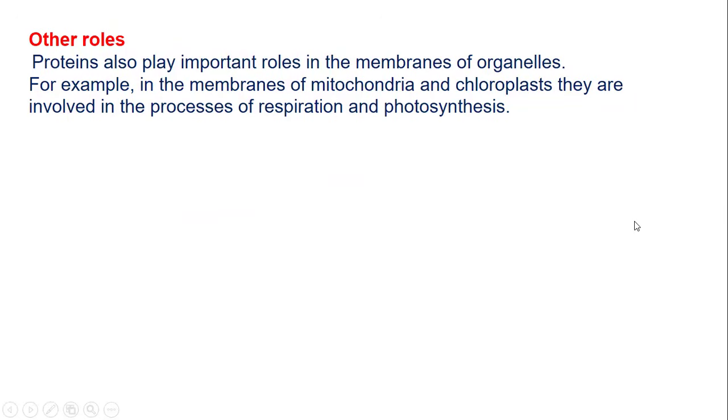So some other proteins will be performing different roles in the membranes of organelles. Like we saw, the mitochondrial membrane contains proteins. So those proteins will be involved in respiration. The chloroplast membrane contains proteins, and for them, they will be involved in photosynthesis.